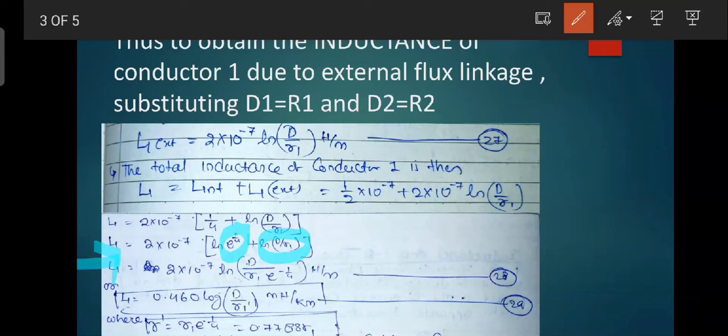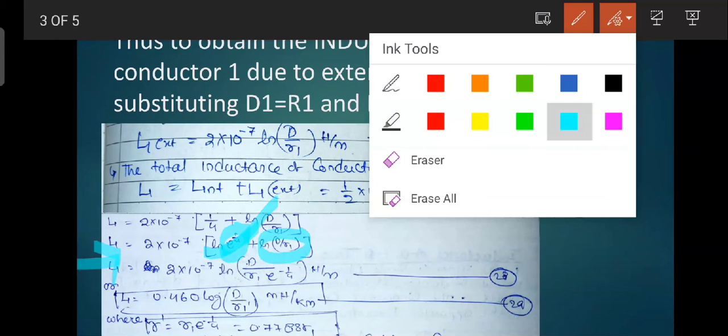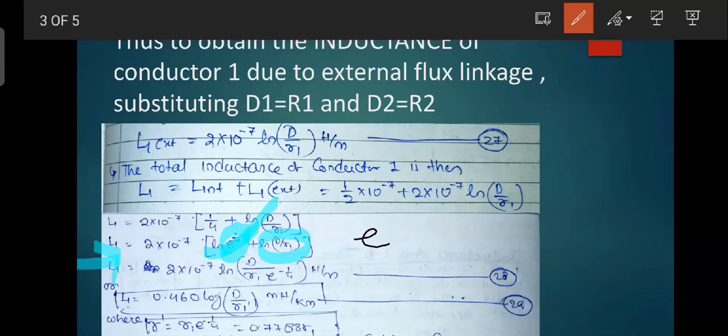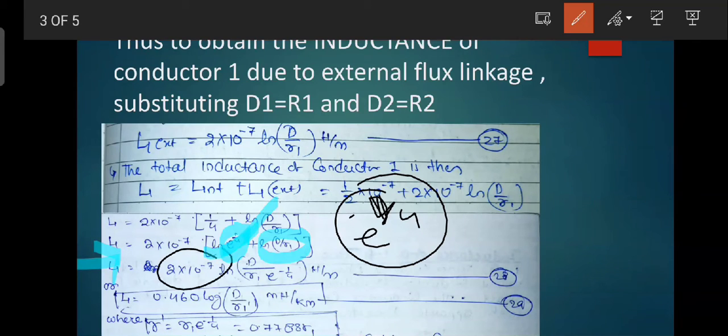By taking this into the denominator side, it becomes e to the power minus 1 by 4, because in the numerator we have e to the power 1 by 4, but if we take it to the denominator, then minus 1 will come, so e to the power minus 1 by 4 d divided by r1, minus e to the power 1 by 4, Henry per meter. By calculating this, 2 into 10 to the power minus 7, we will get 0.460 log d divided by r1.